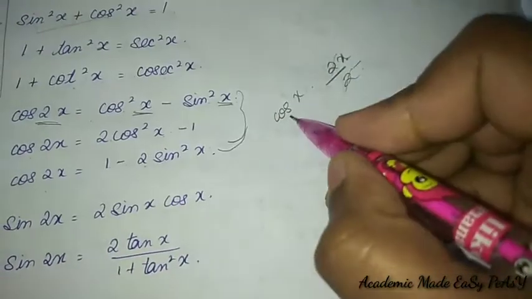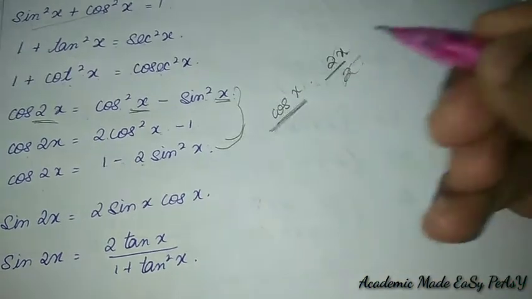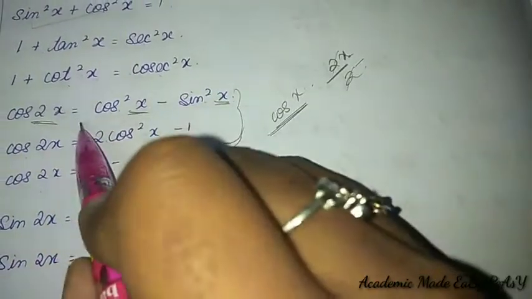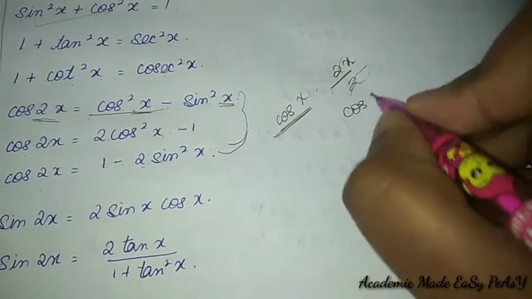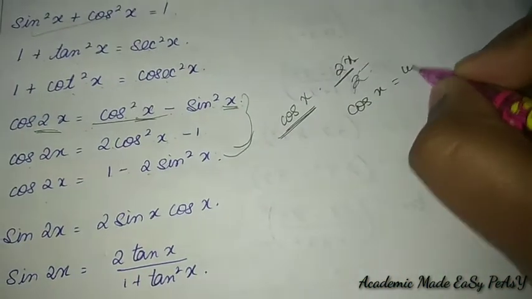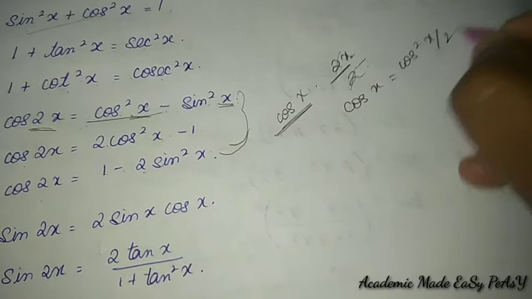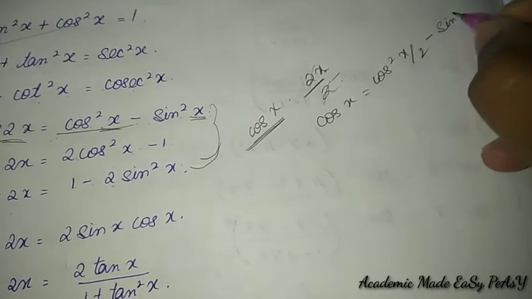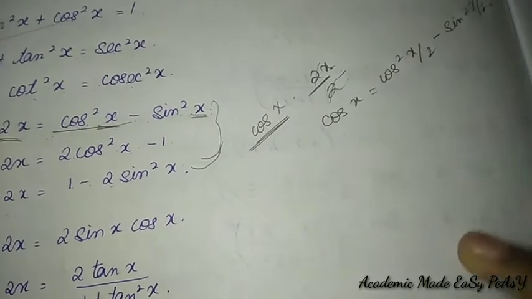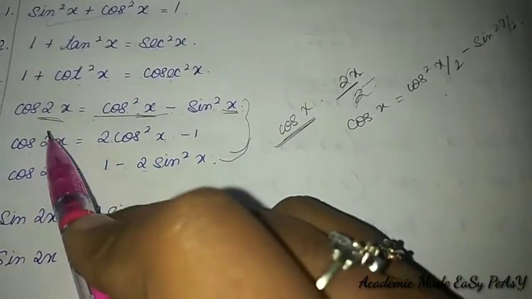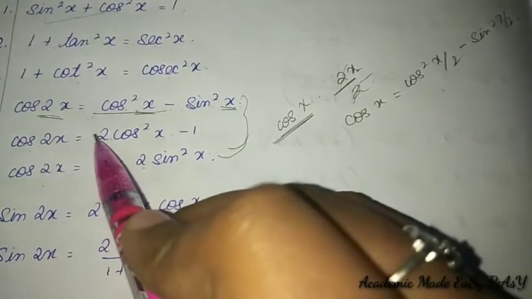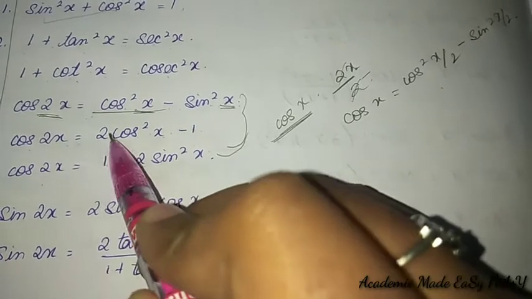So in case cos x is given, then what will be my right hand side? Cos x alone, if it is given, it will be cos square x by 2 minus sine square x by 2. Is that clear?